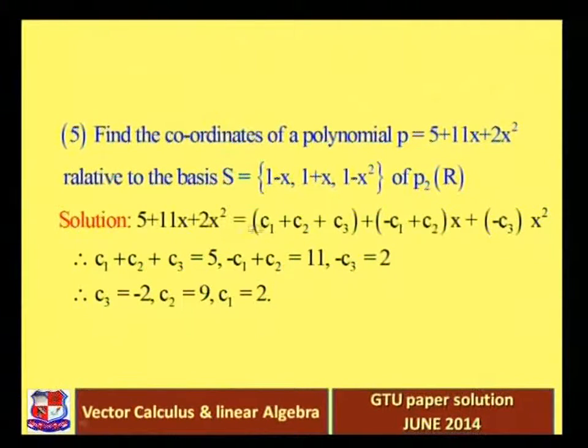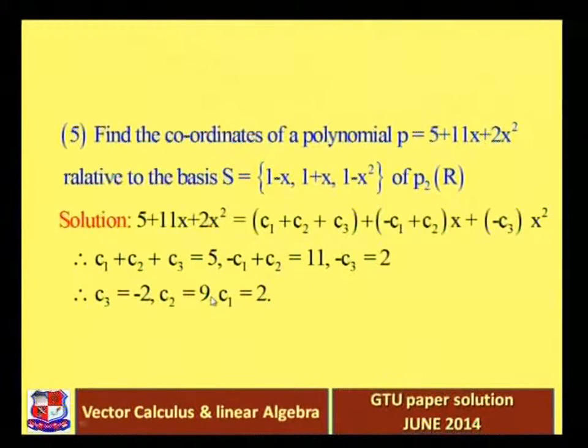Now comparing left and right hand side, we get c1 plus c2 plus c3 is equal to 5, minus c1 plus c2 is equal to 11, and minus c3 is equal to 2. So c3 is equal to minus 2. Okay, put the value of c3.